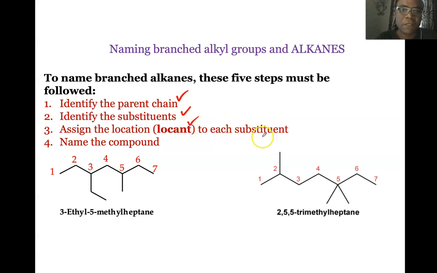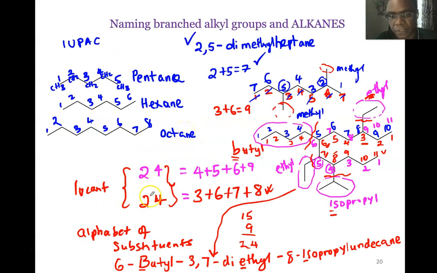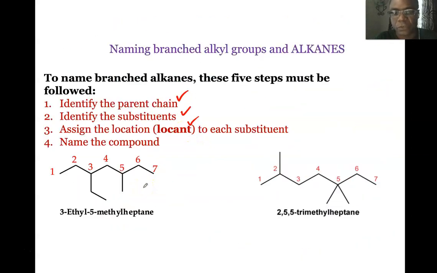If the numbers of the carbons on the longest chain are giving you the same answer when summed up, like what we did here, then you will take the numbering system that goes with the alphabet rule. So if the locant position ties, use the alphabet rule.